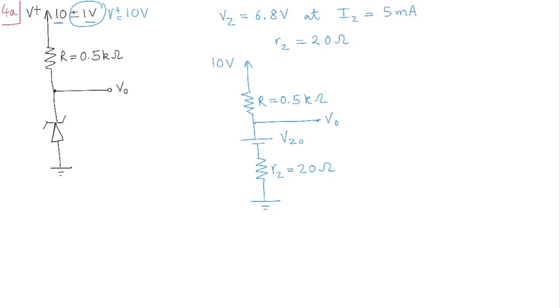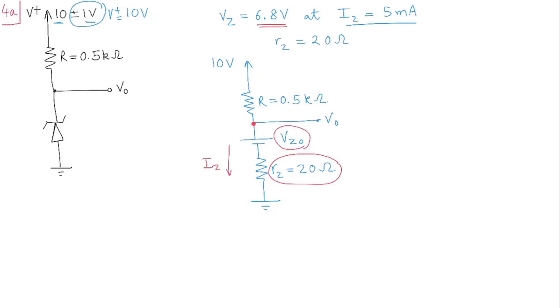Now how do we calculate Vz0? Now when Iz is equal to 5 milliamperes, so when 5 milliamperes flows through the Zener diode, what is the voltage at the output of the Zener going to be? It's going to be this Vz0 plus the drop across this resistance. And what's that equal to? That's equal to 6.8 volts.